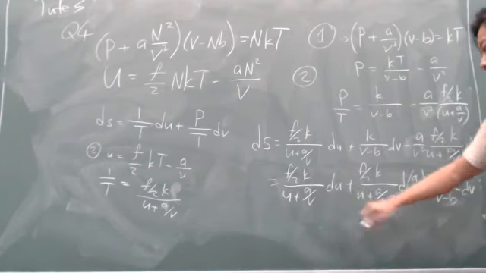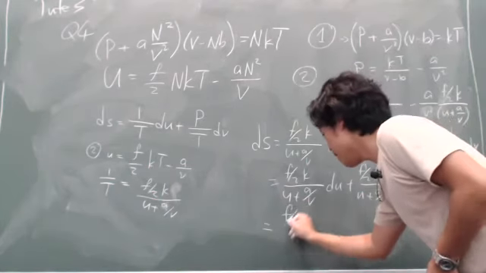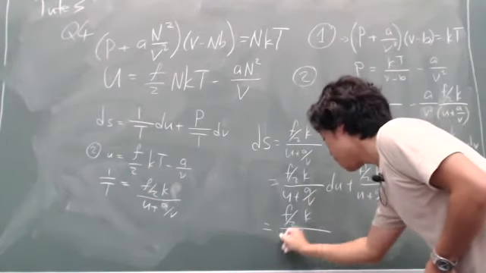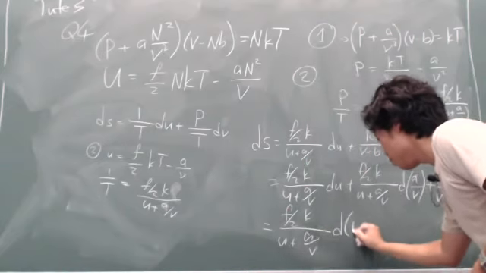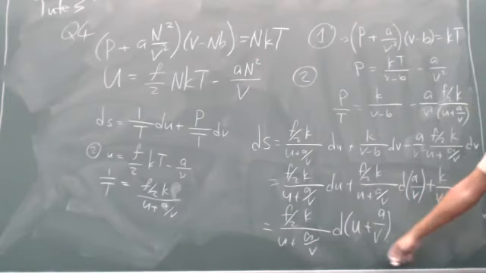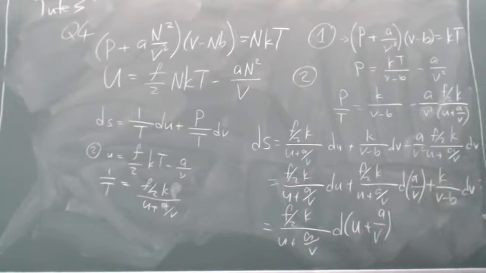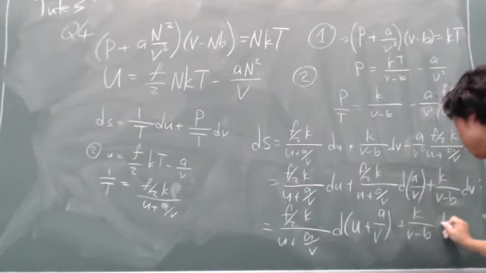We can just collect them and combine these two into F on 2K divided by U plus A on V, d of U plus A on V, since addition just distributes normally under differentiation, so you can combine them together without any problems. Plus K divided by V minus B dV.